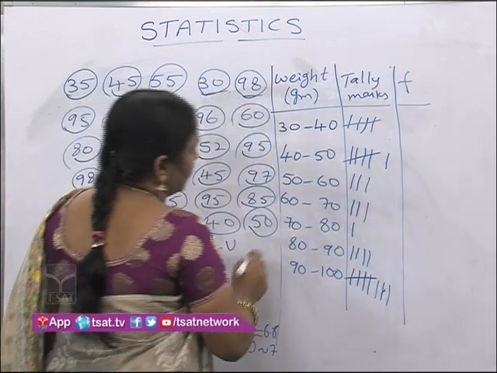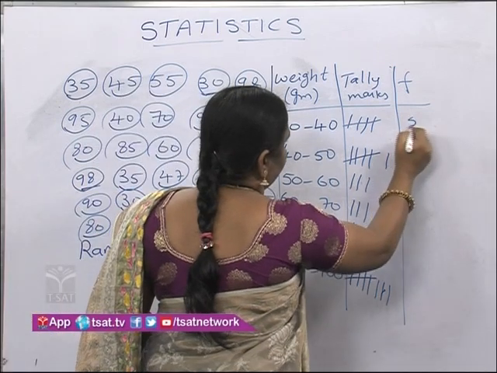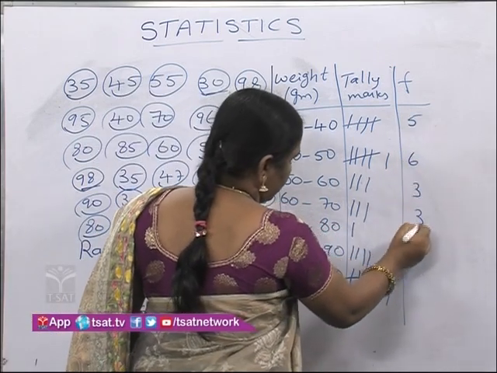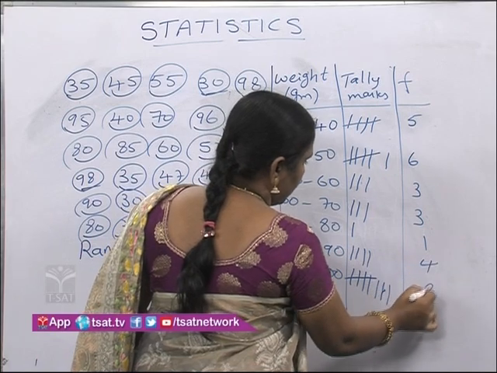Now count the frequencies. So here we have 5, 6, 3, 3, 1, 4 and 8.